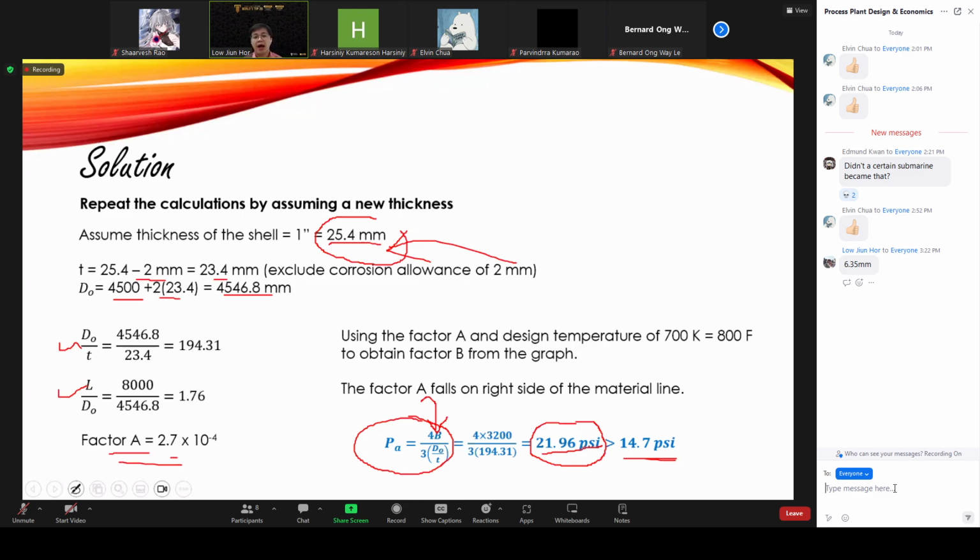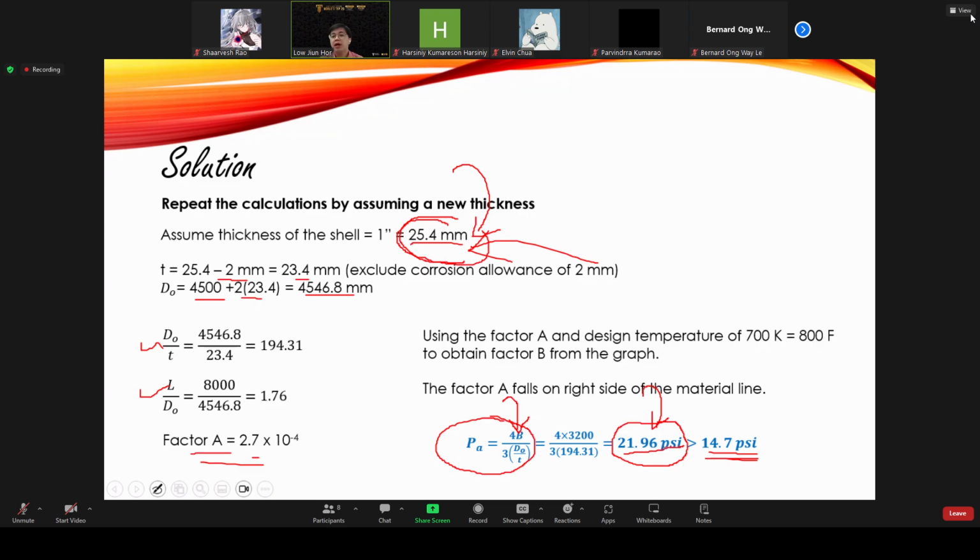So the thickness here can be accepted, but you see the external pressure that you want to support is 14.7 only. But if you install the thickness here, the maximum external pressure that can be withstood is actually 21.96. So meaning that if you want to reduce the cost, you want to reduce the thickness, can.